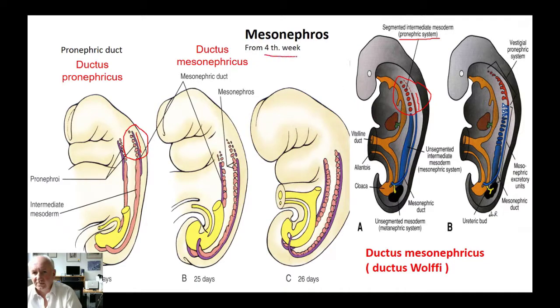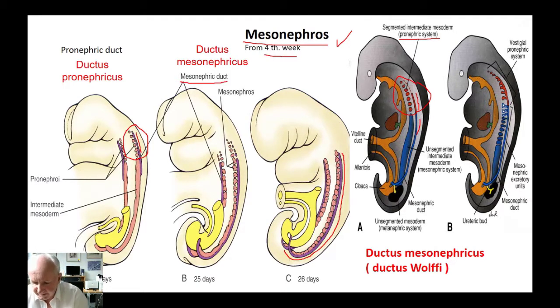Which is starting around the 4th week, and the name is mesonephros. You see that in this moment a duct on this side will be very solid and will be very long, and you see here it's in a blue color, and this duct is ductus mesonephricus, the mesonephric duct, in another name the Wolffian duct.